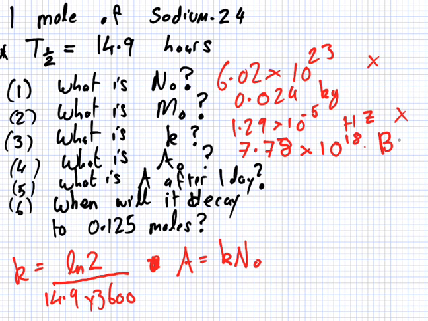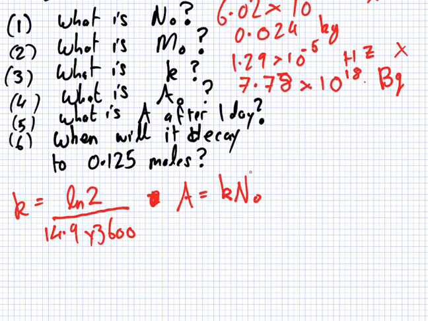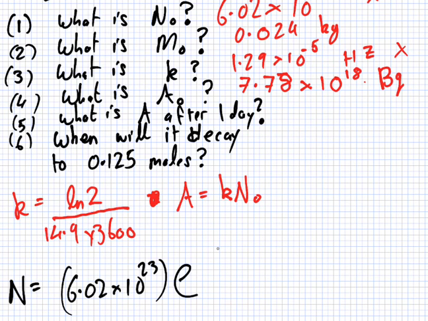What is the activity after 1 day? Now, the thing is, you first have to work out how much you have after 1 day. So we have n equals n0 e to the power of minus kt.